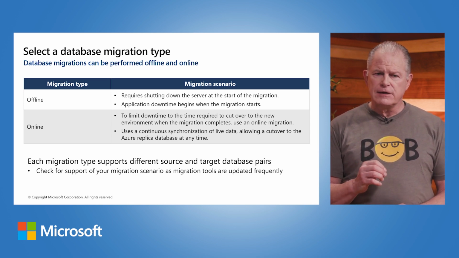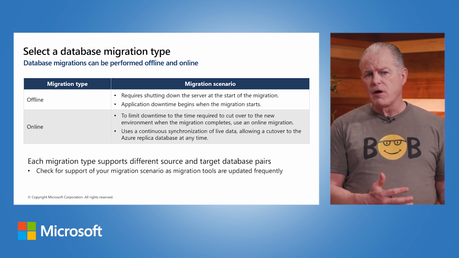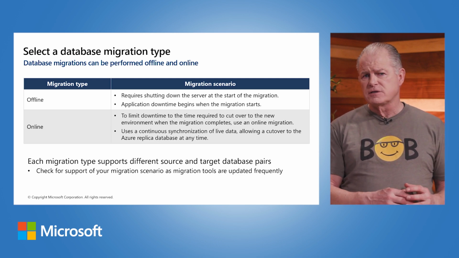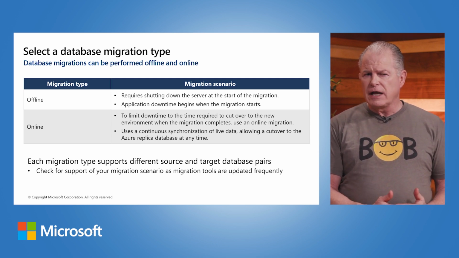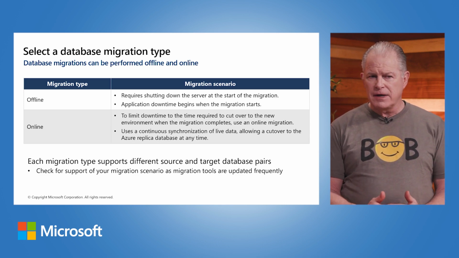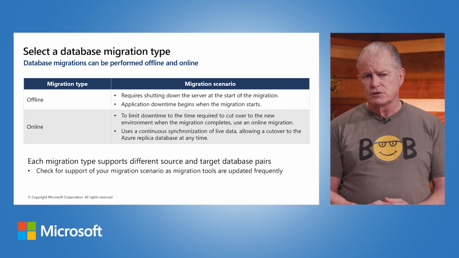I want to focus on the options we have, because SQL servers typically are online. Depending on the criticality of the server, as well as the volume of data, you could have a huge impact on its performance and the time it might take to migrate those servers. And you have options of doing what's called an offline or an online migration. I just want to talk briefly about this, and then I'll do a demonstration to show you the unique features of how to do this.